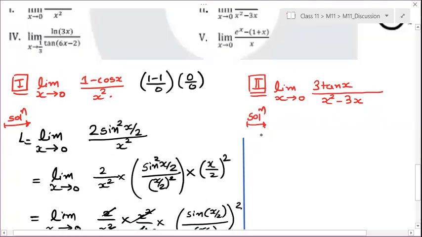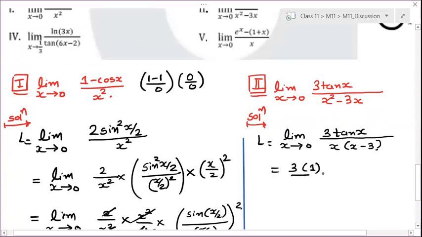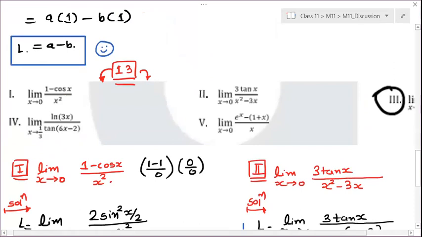So L is equal to limit x tends to 0, 3 tan x divided by x times x minus 3. Now tan x by x is 1, so 3 times 1 divided by 0 minus 3. So it is 3 by minus 3, that is minus 1. So easy. Now the third question.